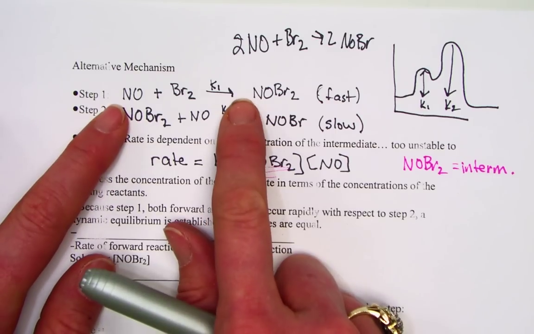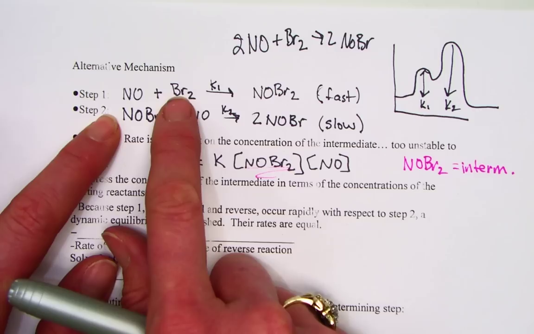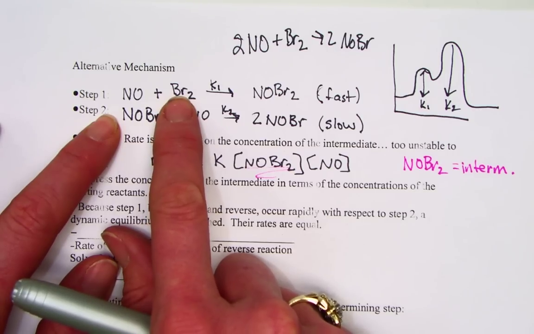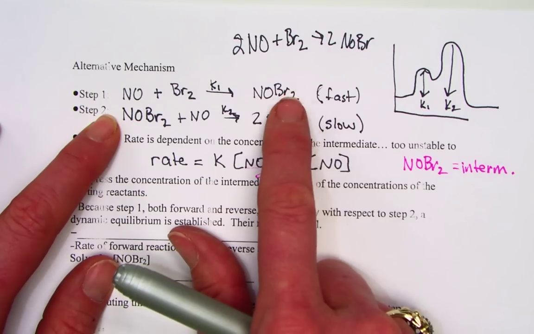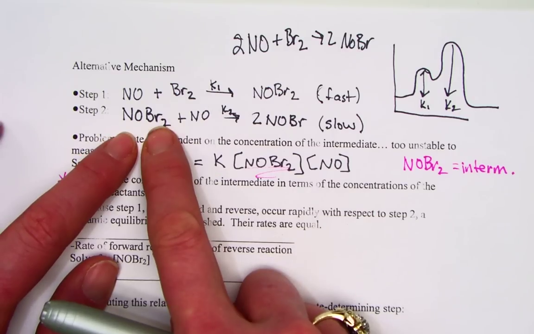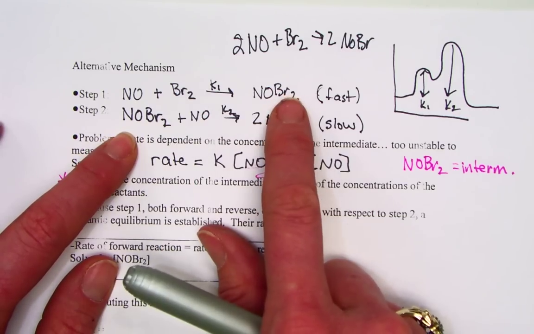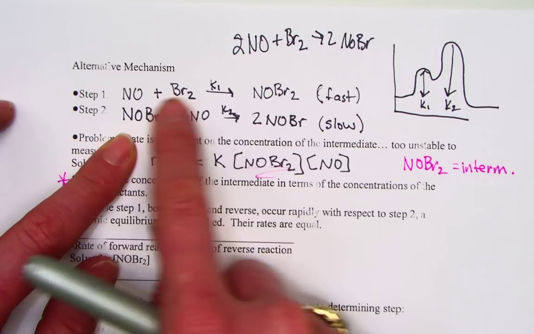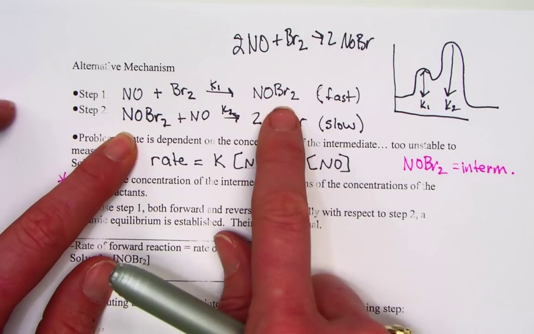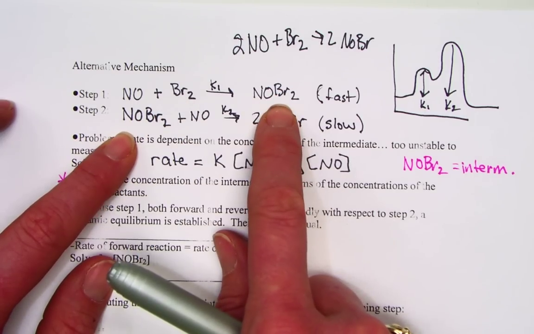If I have a fast first step, NO plus Br2 are going to collide very quickly and produce NOBr2. This starts to accumulate faster than it can get used. And when it starts to accumulate, just like a bottleneck, step 1 goes fast, fast, fast, but it's got nowhere to go, and eventually this concentration begins to rise.